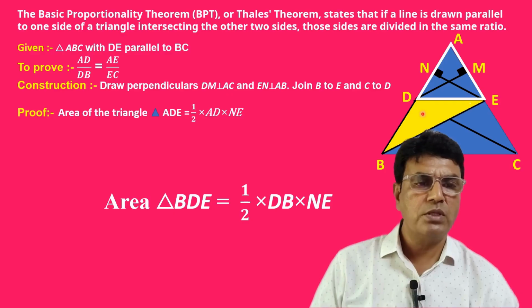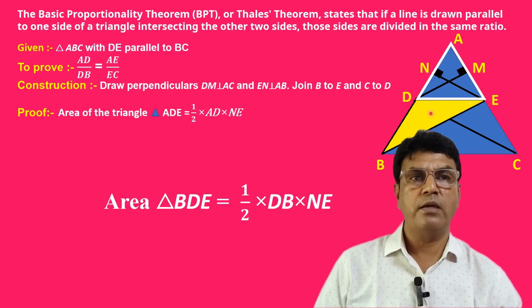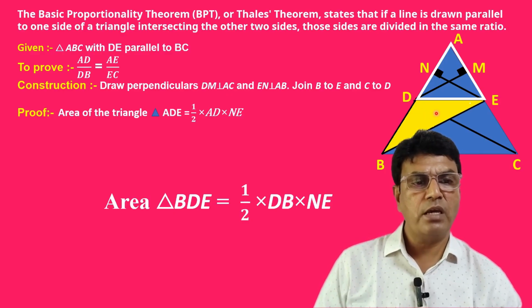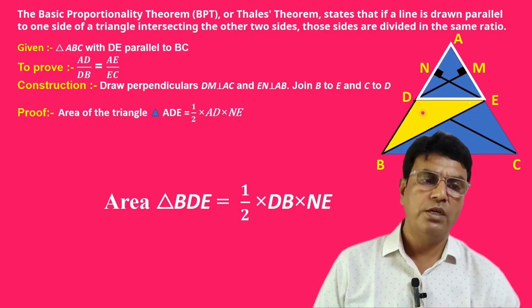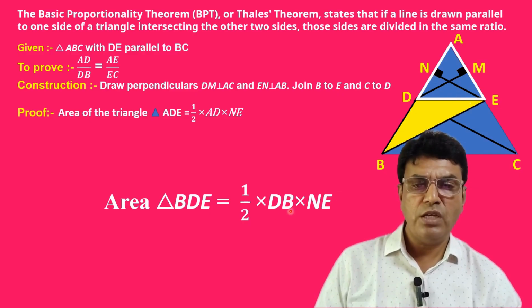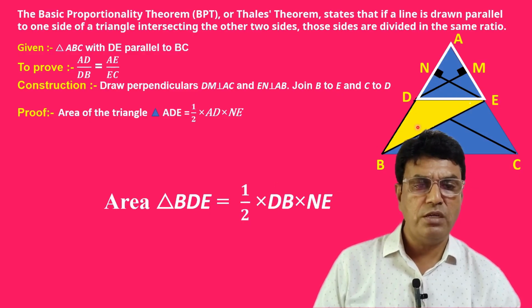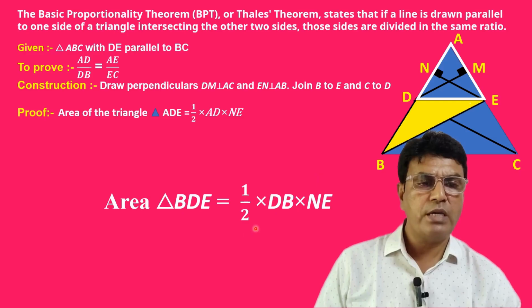Remember students, for an obtuse angle triangle, the height of the triangle will lie outside the triangle. So for this particular triangle BDE, the height will be taken as NE. The area of triangle BDE is equal to half times BD, that's the base, times NE, that is the height of this triangle.